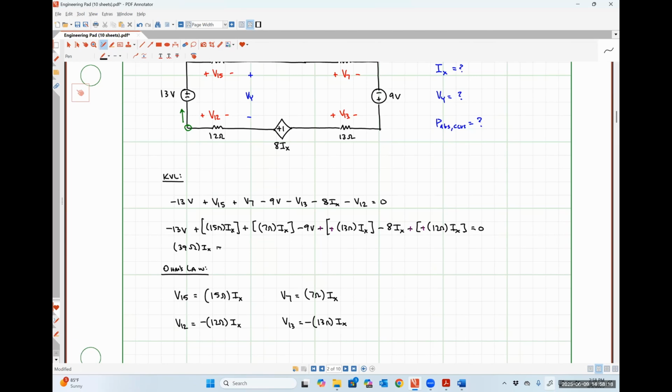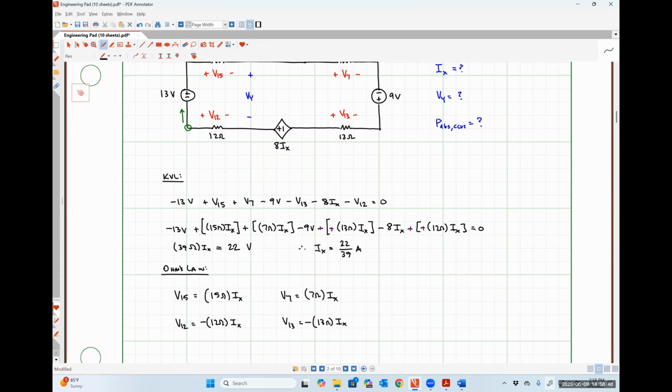Moving to the other side of the equal sign, I have a 13 and a 9, so 13 plus 9 is 22 volts. And so from this, I could say that IX is just going to be 22 volts over 39 ohms, where a volt per ohm is an amp.